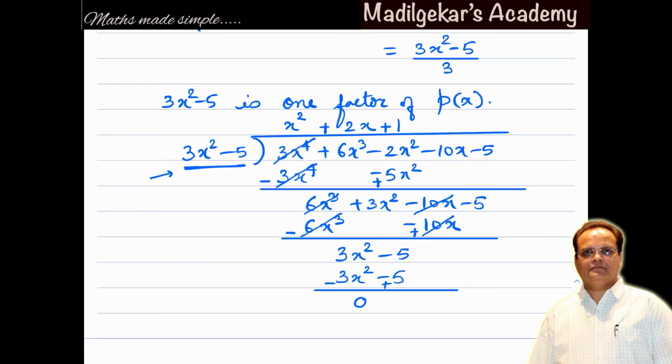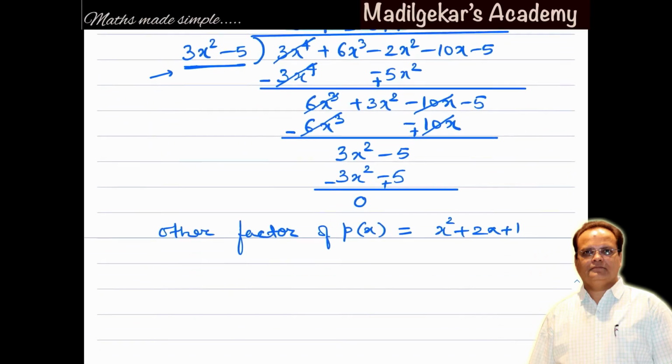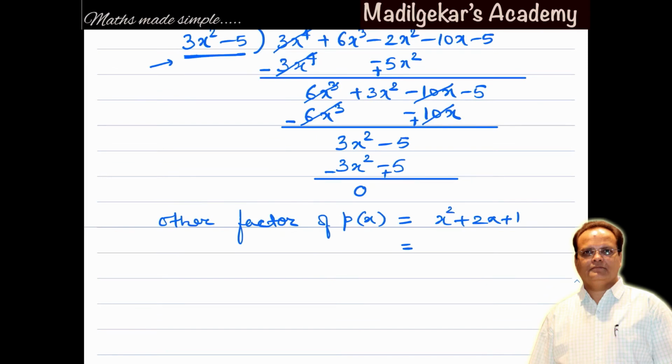So this quotient q of x is the other factor of the given polynomial p of x. So we can write the other factor of p of x is x square plus 2x plus 1, which is the perfect square of x plus 1.